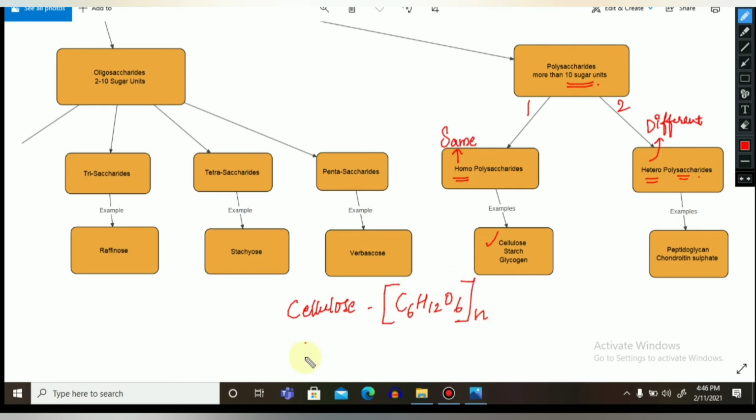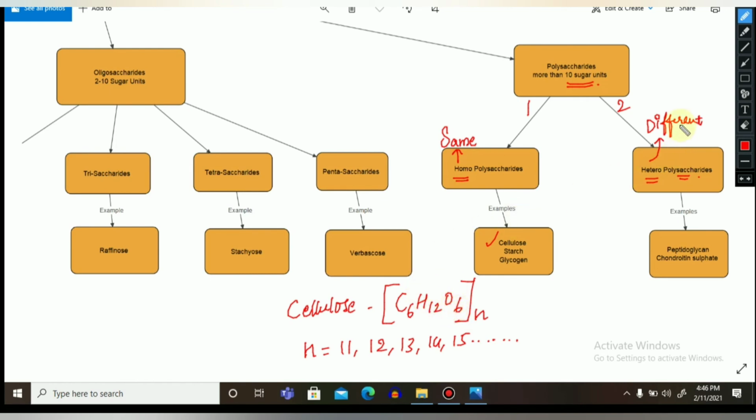This N represents 11, 12, 13, 14, 15, it goes on. So a number of glucose units combine together to give the cellulose molecule. This is coming under homopolysaccharides because only C6H12O6 is there. Only glucose units are there. Different units are not being involved here.